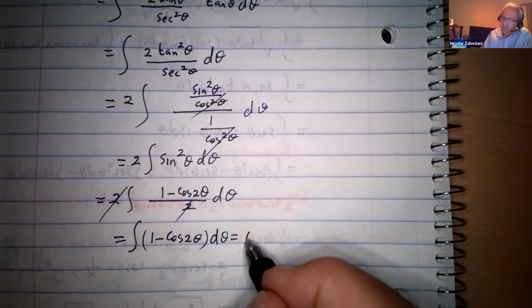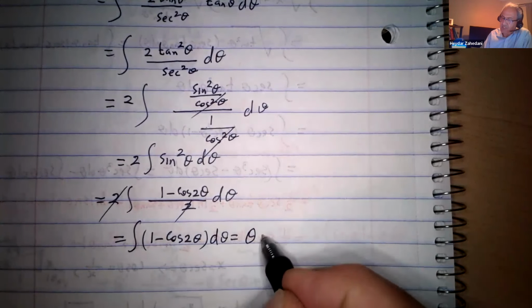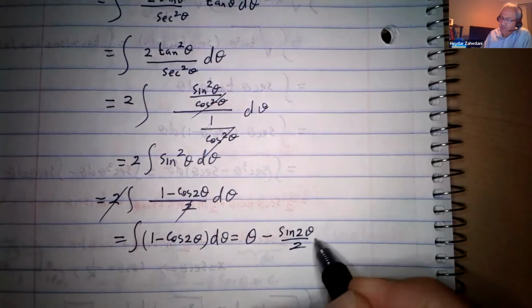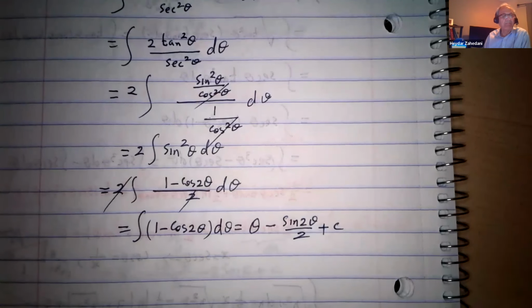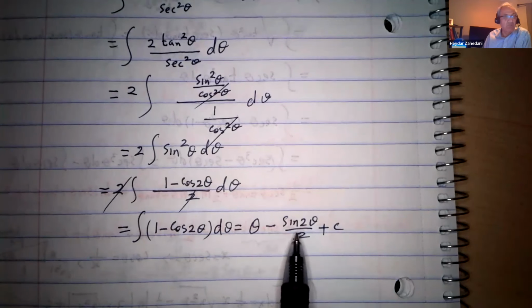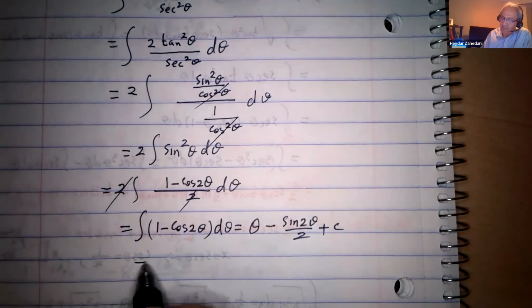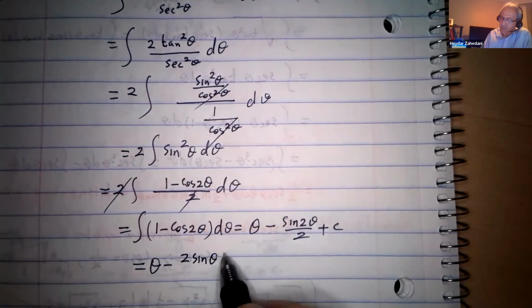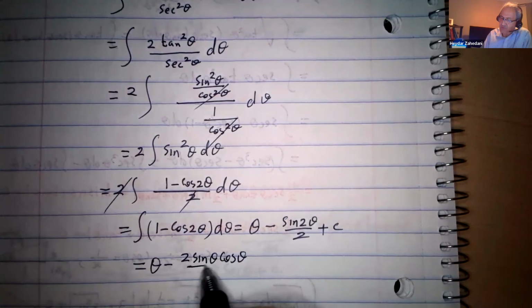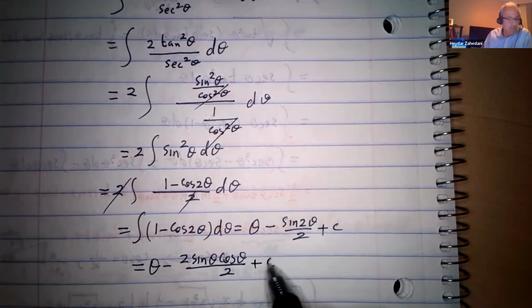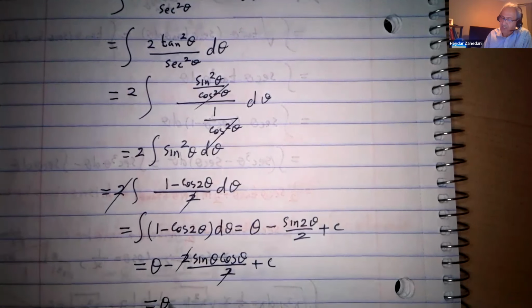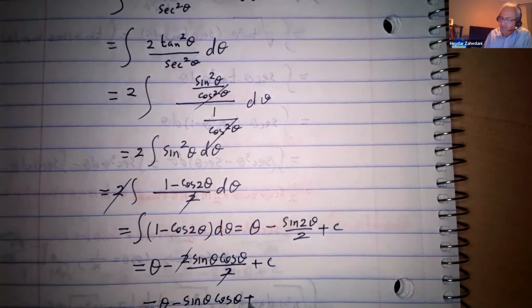The integral of 1 is going to be theta. The integral of cosine is going to be sine, but it's going to be sine of 2 theta over 2, plus the constant c. If you like, you change the sine into 2 sine cosine to simplify it: theta minus 2 sine of theta cosine of theta over 2 plus the constant c. These 2 and 2 cancel out. So you end up with theta minus sine of theta cosine of theta plus the constant c.